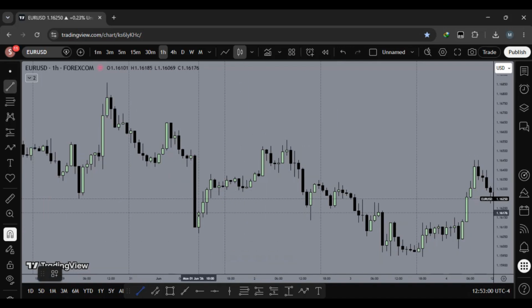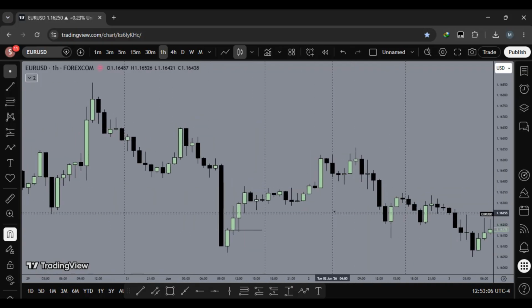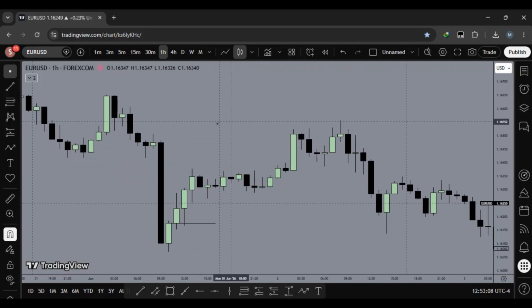If you look at this, this is a support, right? Let me zoom so I can see. This is the 1 hour time frame, EUR/USD. This is a support. Now what I'm saying is before this becomes a rejection, it will close. And once it closes, this is your entry.